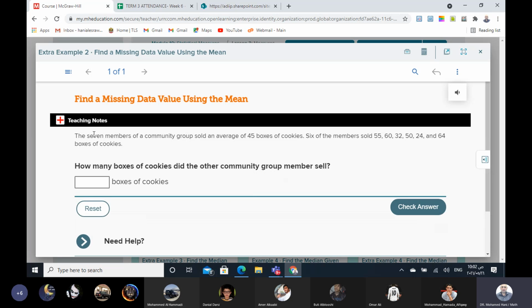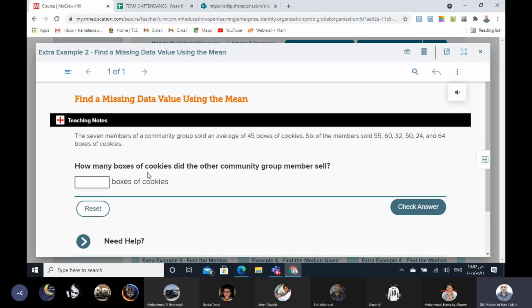The 7 members of a community group sold an average, which means the mean, of 45 boxes. So we have the mean 45. Six of the members sold 55, 60, 32, 50, 24, and 64 boxes of cookies.